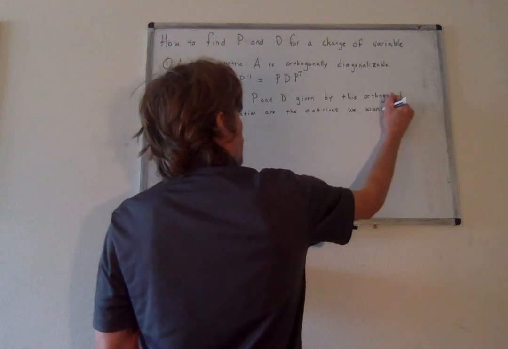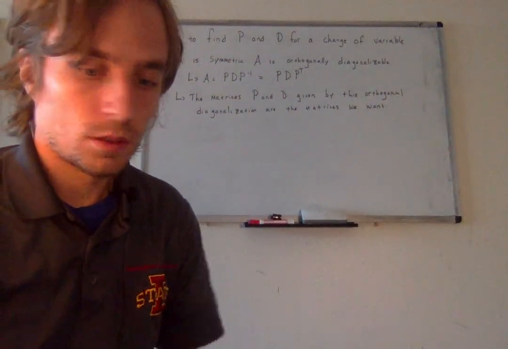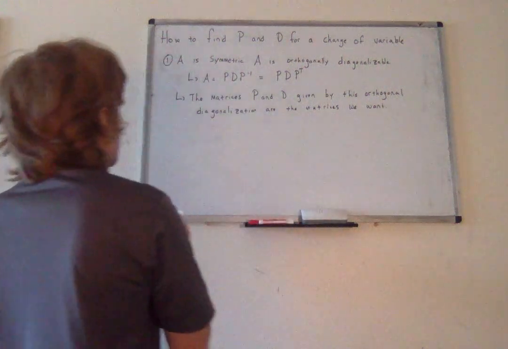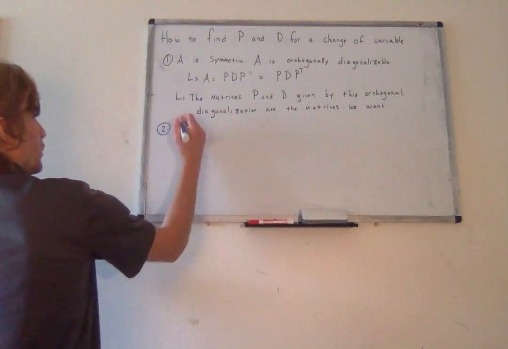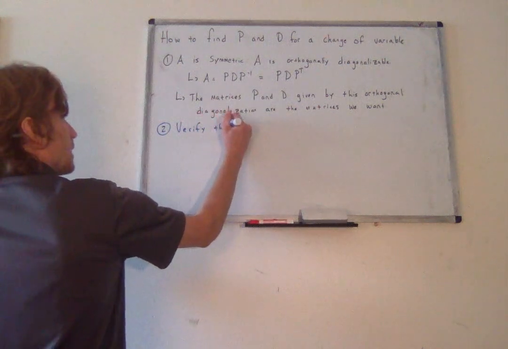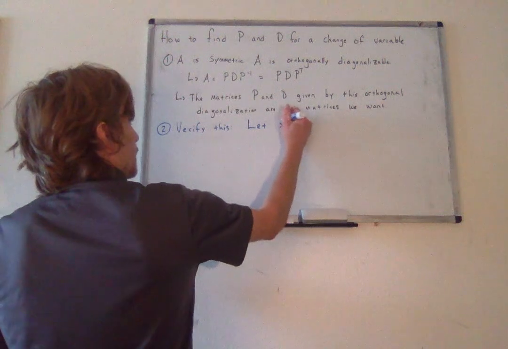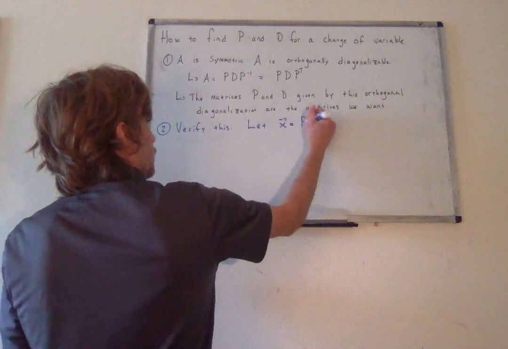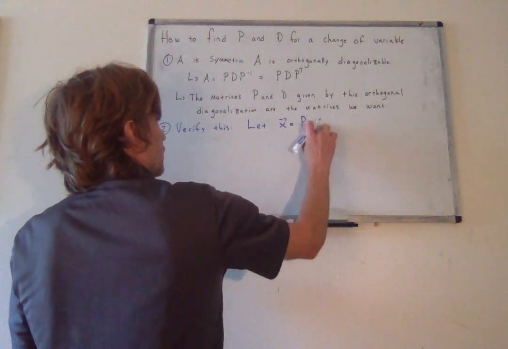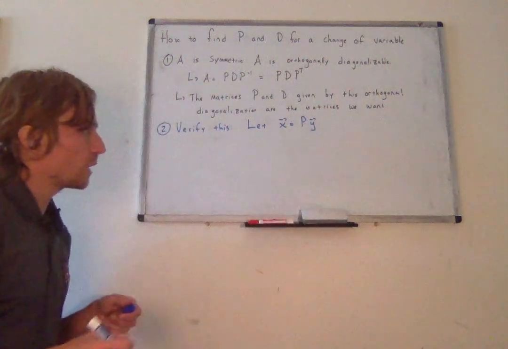So to verify that this is in fact the case, we will verify that if we let P be our change of variable matrix, so that for each variable vector x, we let x equal P times this new vector variable y.